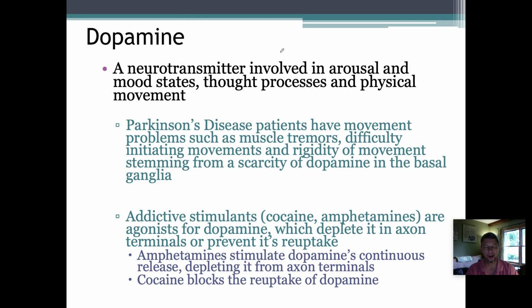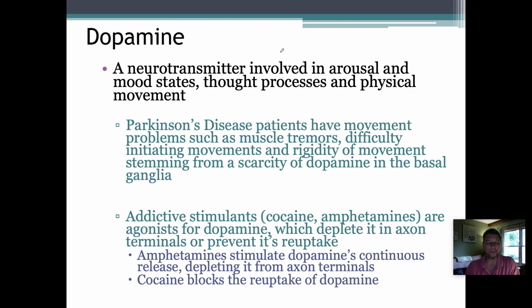Now, in any event, people with Parkinson's essentially can start a movement, but then can't stop it. The movement just continues. Now, addictive stimulants like cocaine, amphetamines, and things like that are agonists for dopamine. They deplete it in the axon terminals, and they prevent its reuptake, meaning they can't recycle it.